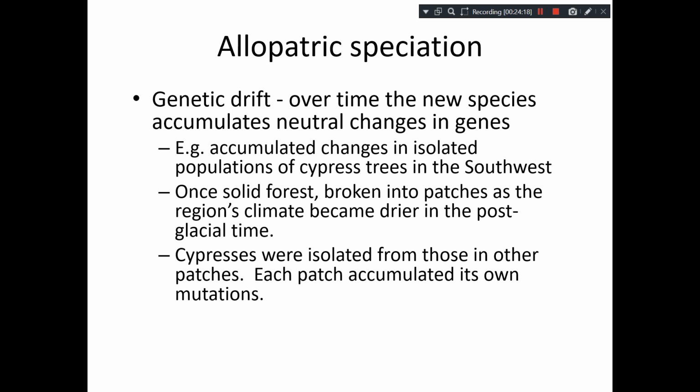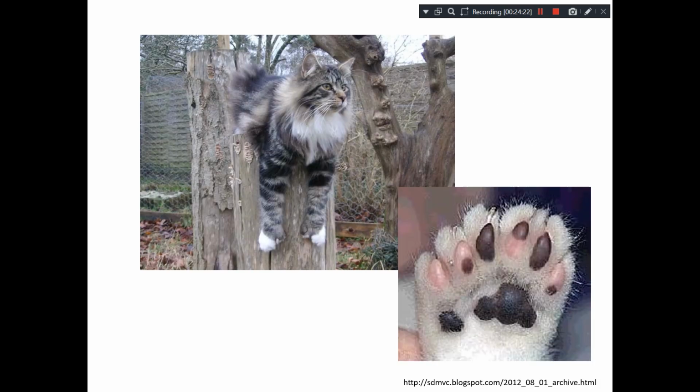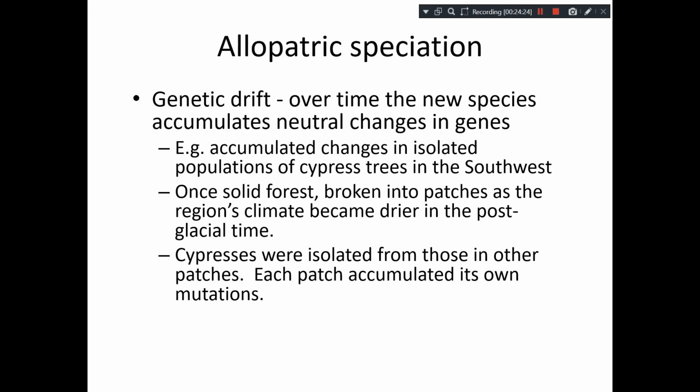Next one is sympatric speciation. Genetic drift also helps in allopatric speciation. Over a long period of time, the new species will start accumulating some neutral changes in the genes.